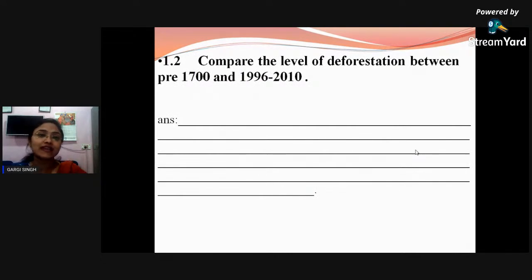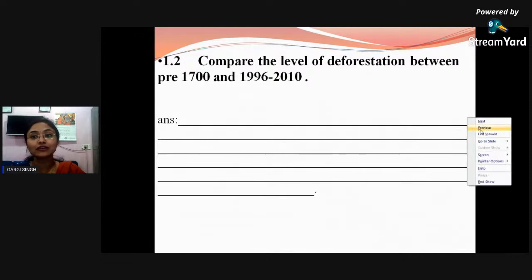The next question says, compare the level of deforestation between the pre-1700 and 1996 to 2010 eras. What does this task demand of you? It asks you to observe and interpret the data. It's not given clearly, you have to use your understanding.